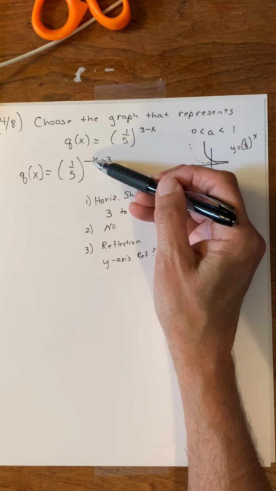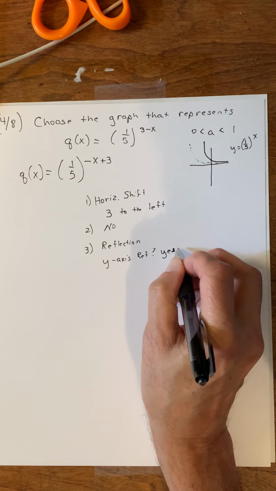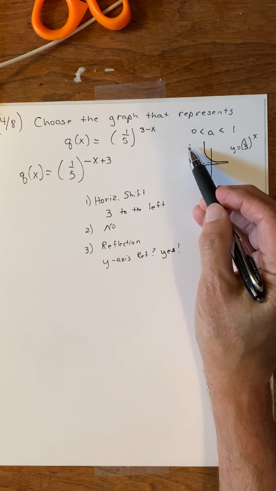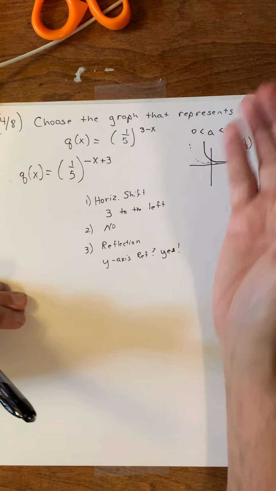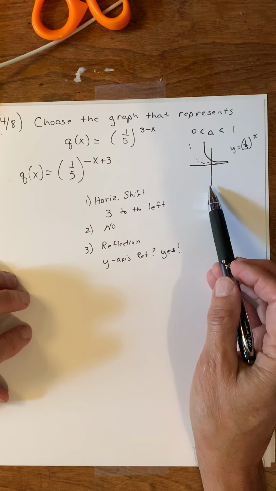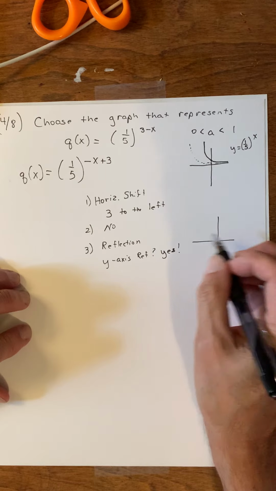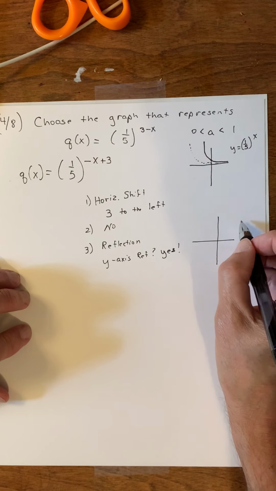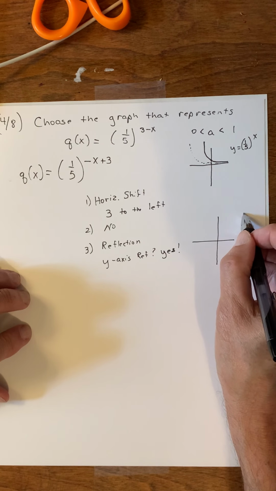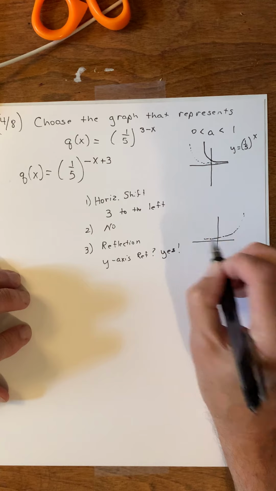Yes, x itself has been made negative. What that means is this new graph is going to be reflected over the y-axis. So my new graph, after both of these reflections, is going to be something like this.